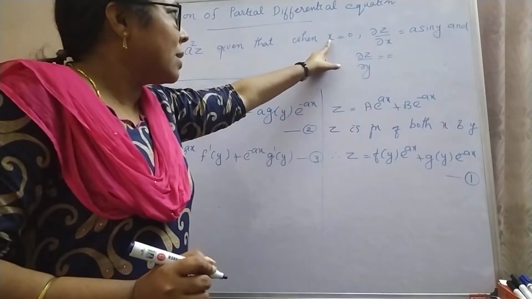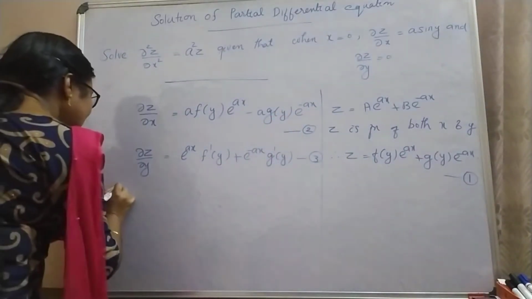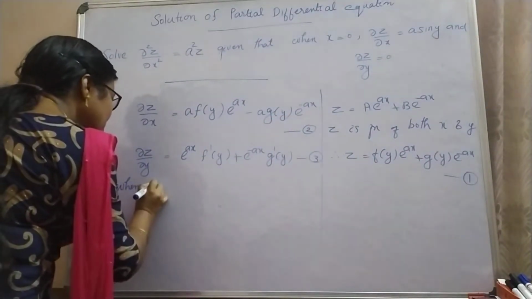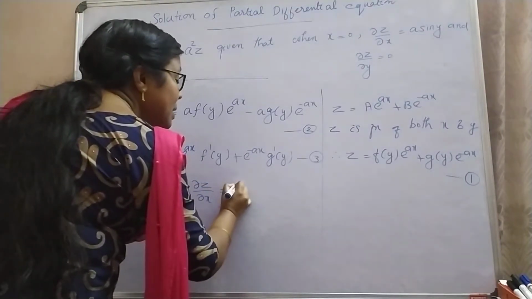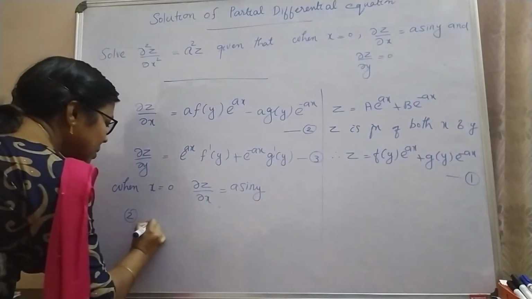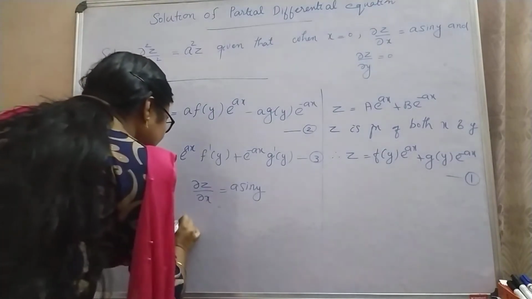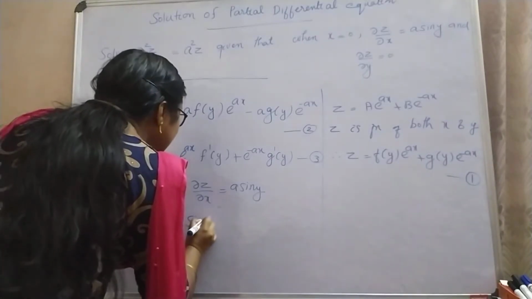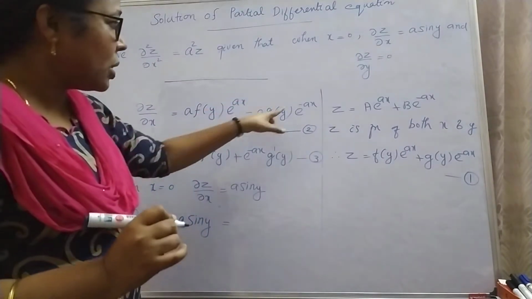Apply the first condition. When x = 0, ∂z/∂x = a sin y. Equation 2 becomes a sin y equals, put x as 0, e^0 is 1.